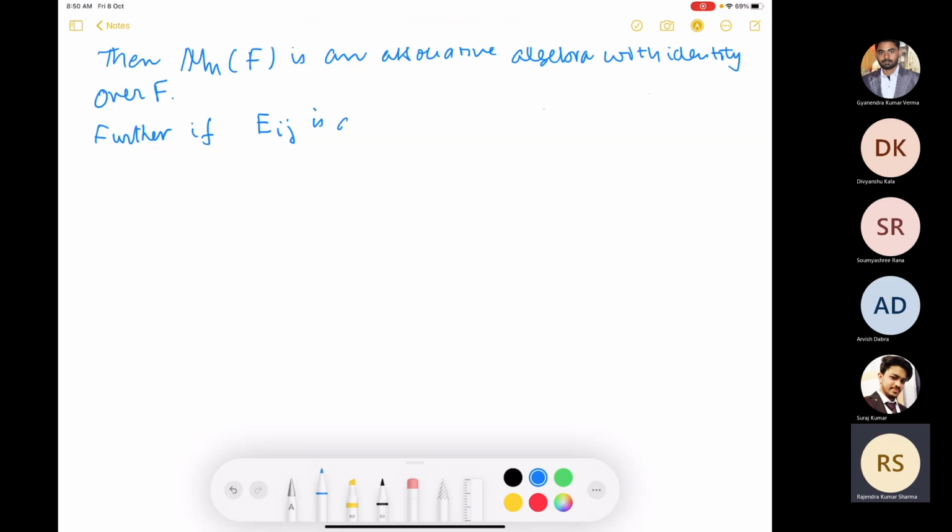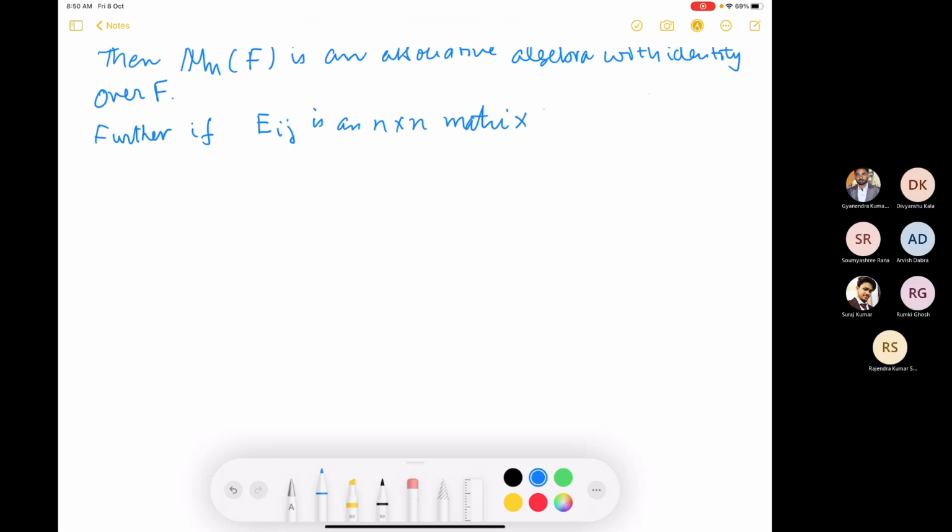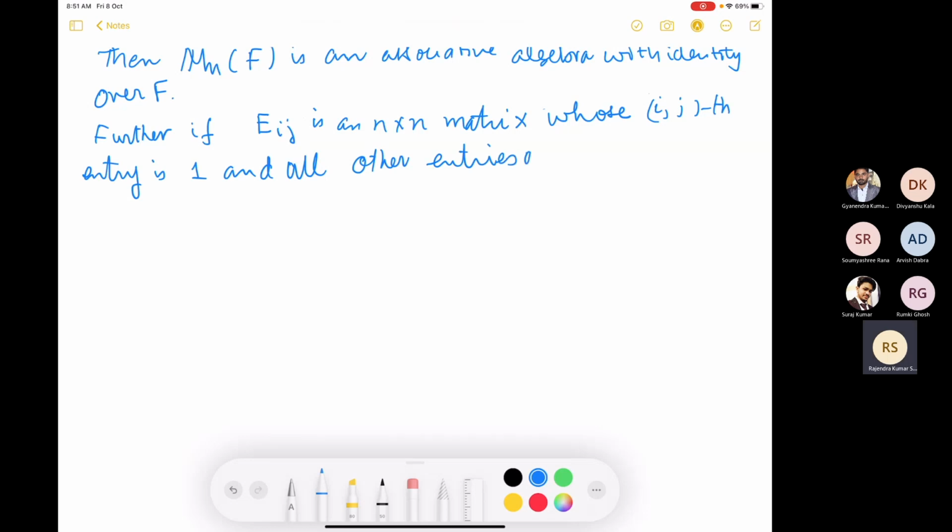Eij is an n by n matrix, for a fixed ij, whose ijth entry is 1 and all other entries are 0.